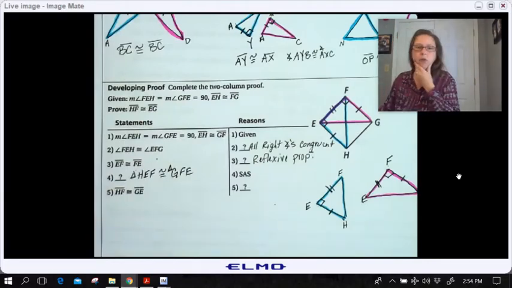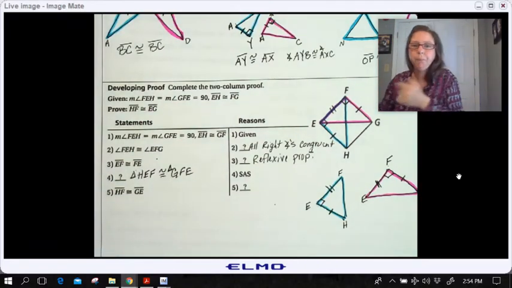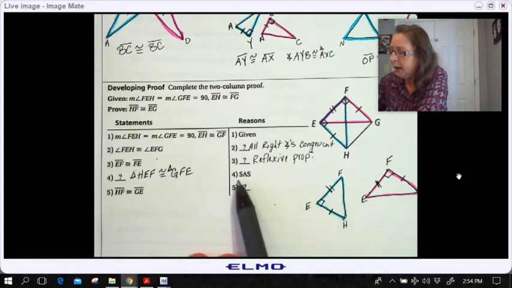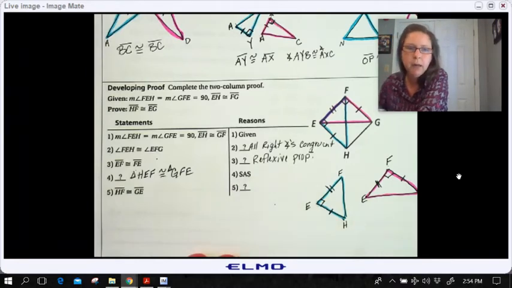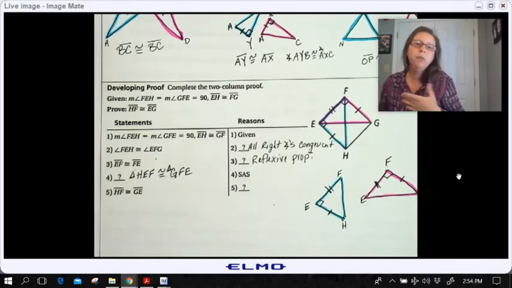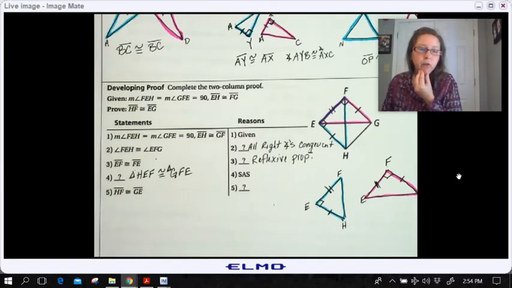So I know that these two triangles are congruent by side angle side, okay? So this is something new that we haven't actually seen before.